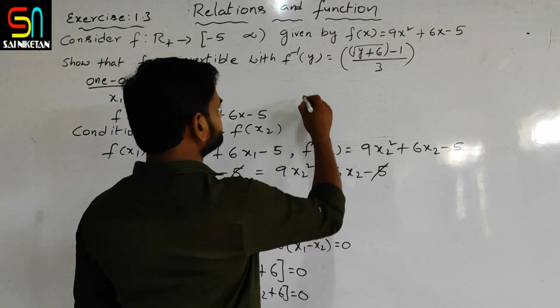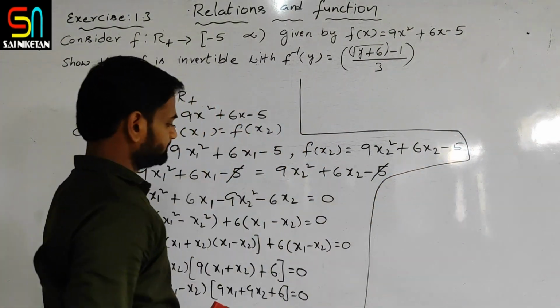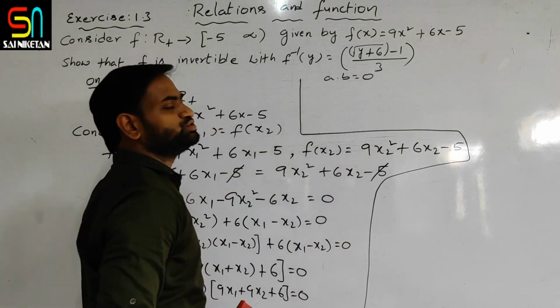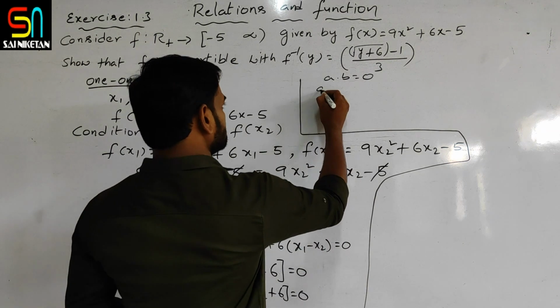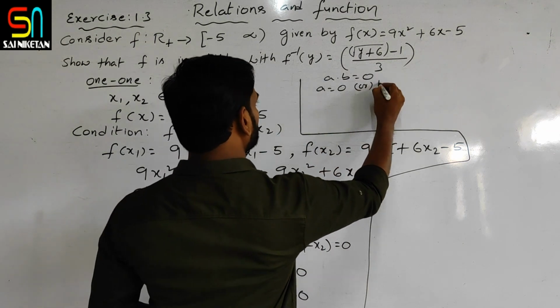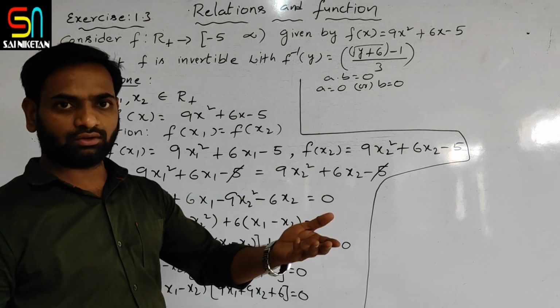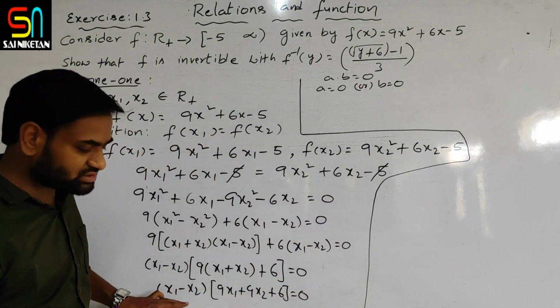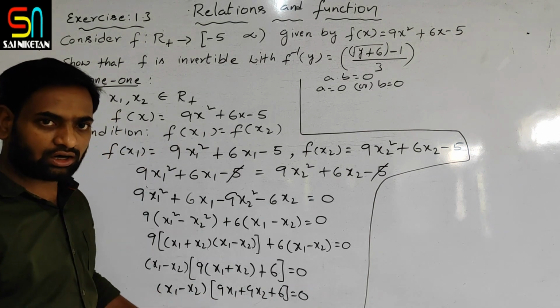Now see here, suppose a into b is equal to 0. What is the meaning? Either a equal to 0 or b equal to 0. In the same way, just imagine it is a, it is b. Either a equal to 0 or b equal to 0.